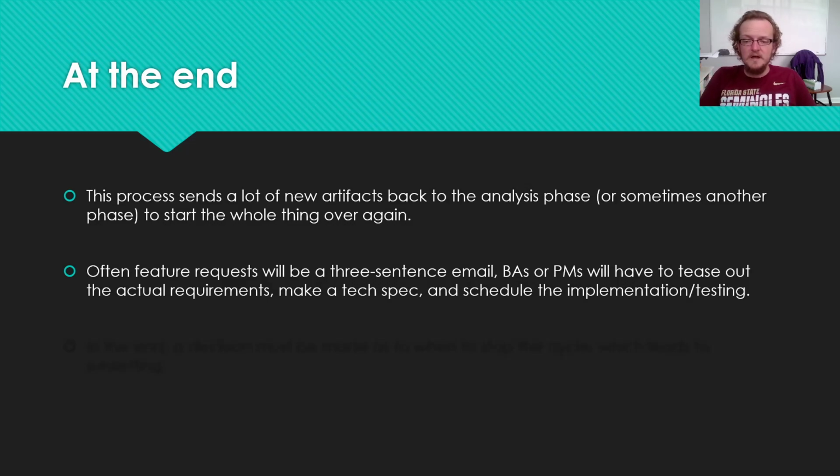Even though your system could have been live for 10 years, there will always be the 3-sentence email for a feature request that somebody in support has to send to a business analyst or somebody in the management team. That person will have to figure out how to tease out exactly what the requirements of that feature are, make a specification, and figure out how to schedule, implement, and test that piece of code.